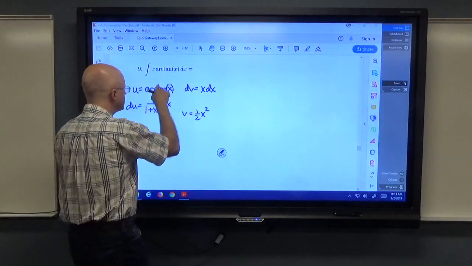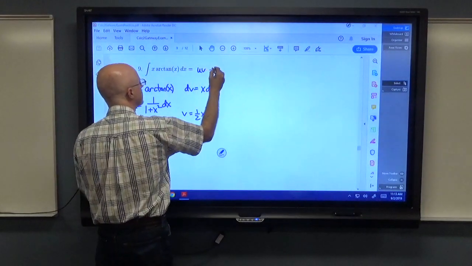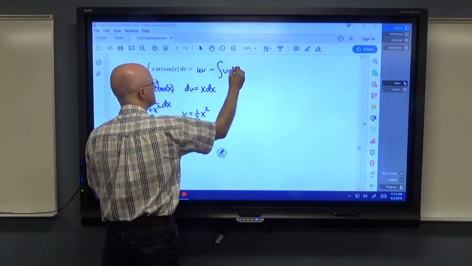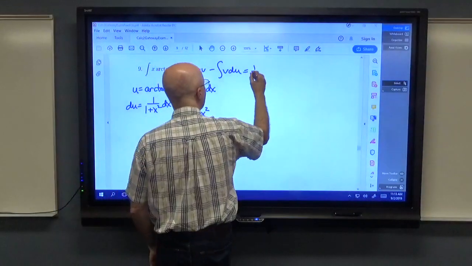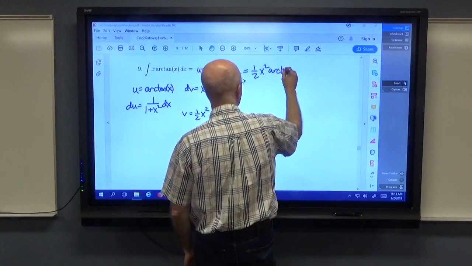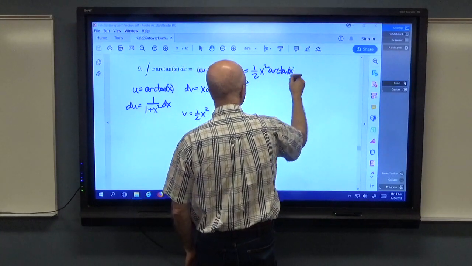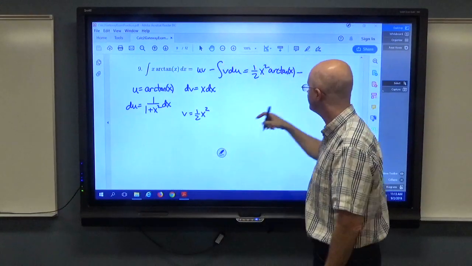Okay, integration by parts, u times v. Let me go ahead and write it again. uv minus the integral of v du. u times v is the product of these two things, 1/2 x squared arctangent of x. So the answer still involves an arctangent. Minus the integral of v du.